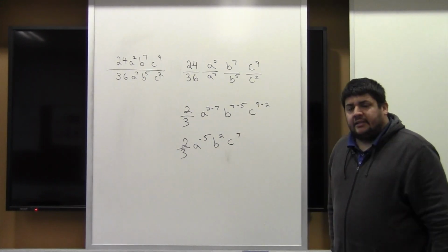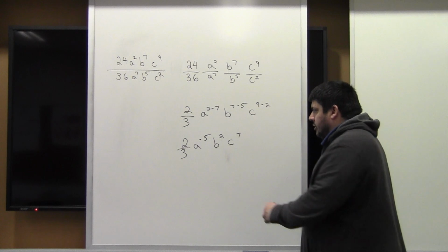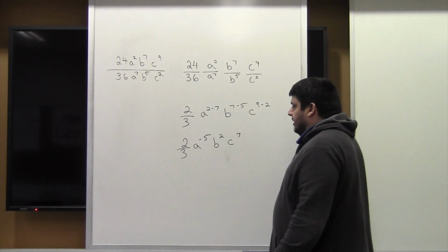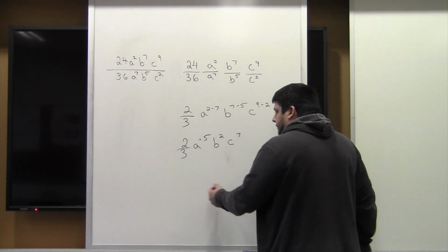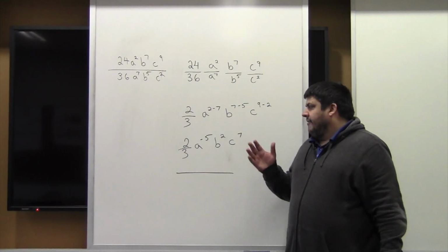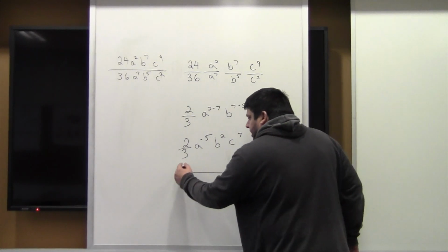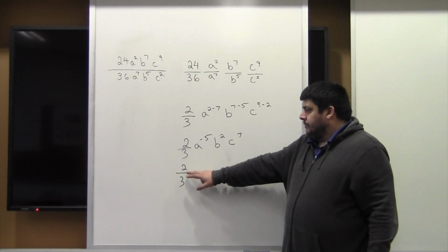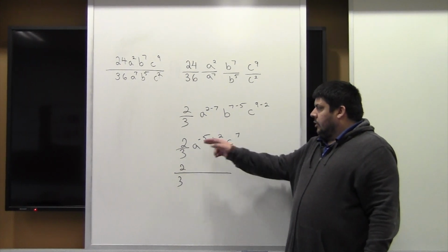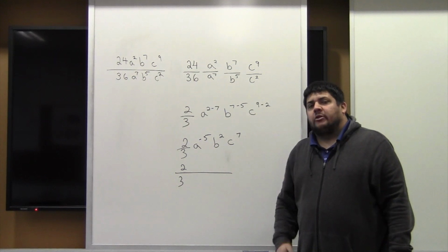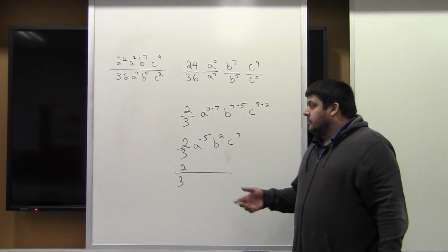Now we're almost done. The key here now is we're going to have a fraction, because we have this 2 over 3. Let's put the bar all the way back. Whatever we have on the bottom, so we have a 2 over 3 here. Whichever things are negative, we put on the bottom, and whatever's positive, we keep it on the top.